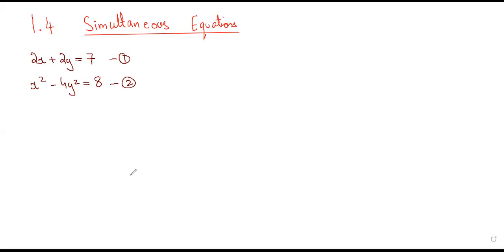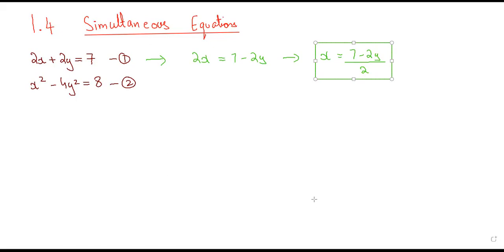So let's use equation 1 and make x the subject. It is going to become 2x equals 7 minus 2y, and this would give me x equals (7 minus 2y) divided by 2. This is the value of x which I am going to substitute here, and this would give me a quadratic equation in y only.